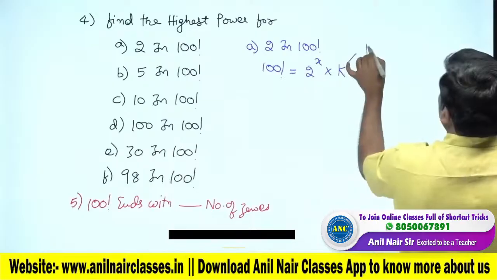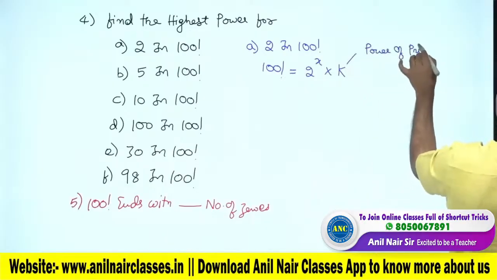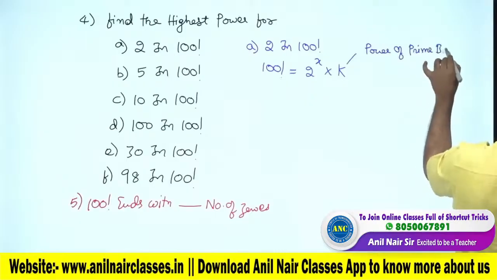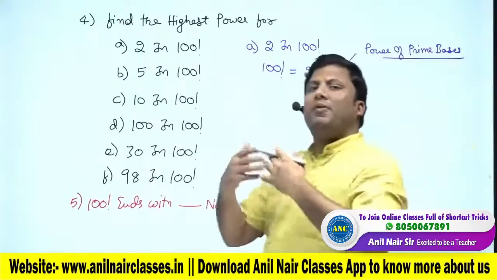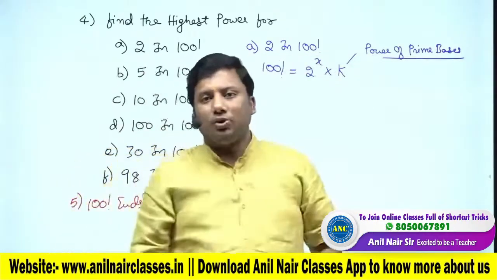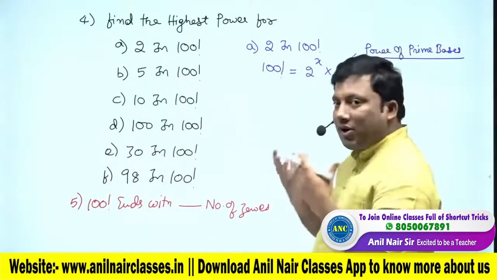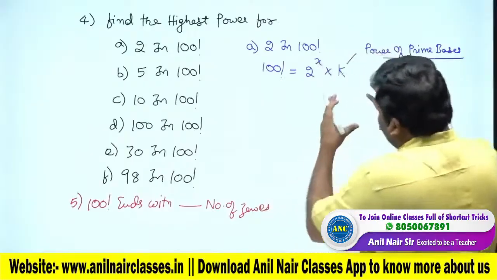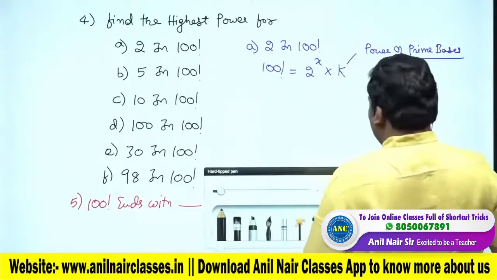What is k? k is the power of prime basis: 3 power, 5 power, 7 power, 11 power, 13 power, 17 power, and so on up to 97 power. It is always good to write like this because there are certain problems which can be solved very neatly by writing like this.